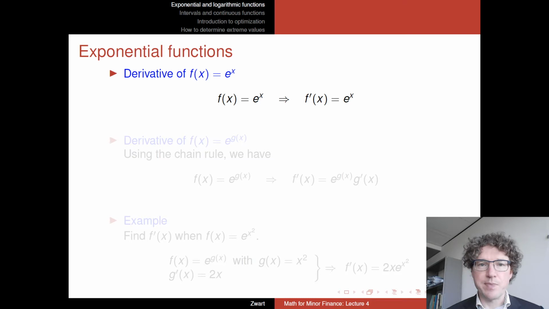And we'll now see why this is called the natural exponential function. The reason is it has a particularly natural derivative. If f of x is e to the power x, then the derivative of this exponential function is just itself.